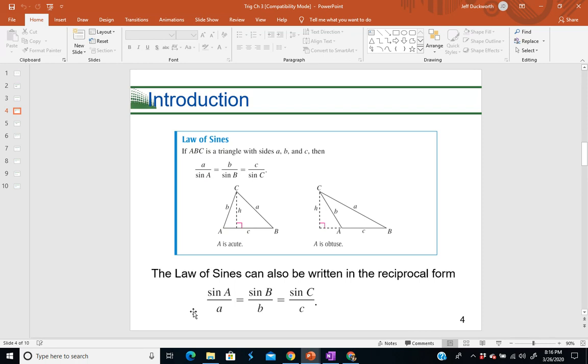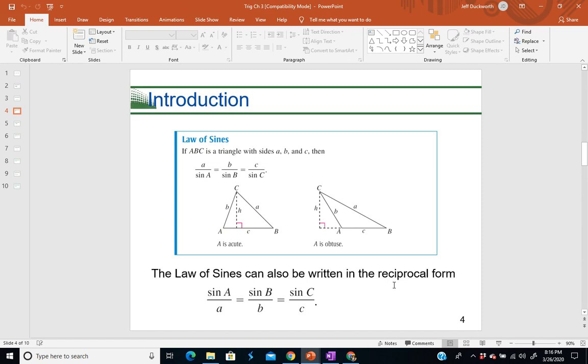If you look at the bottom here, you can flip these. Mathematically speaking, there's no difference between a over sine of A equals b over sine of B versus sine of A over a equals sine of B over b. So there's no difference as far as that goes.